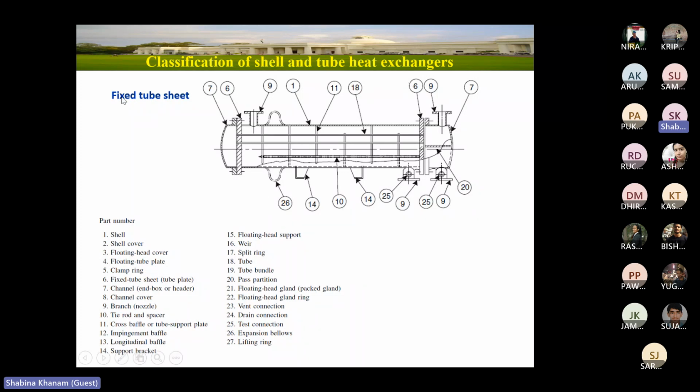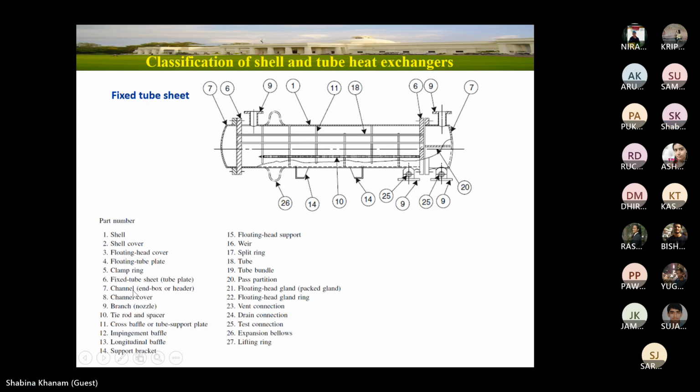Now if you consider the tube sheet, this is the tube sheet. If you consider number 6 over here, it is the fixed tube sheet, also called tube plate. Now this is a tube sheet, and another tube sheet is available over here. If you consider this particular part and this particular part, this is called the cover or channel.